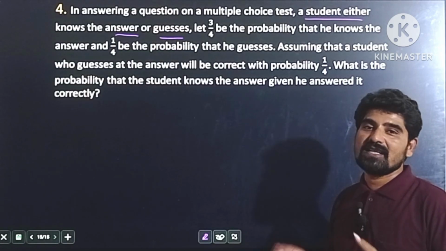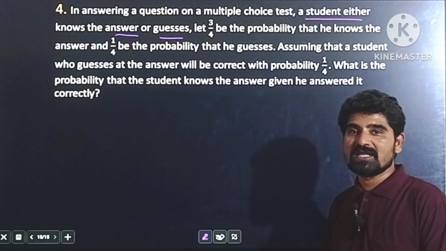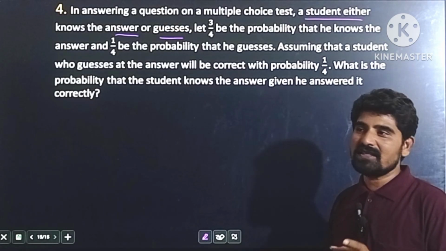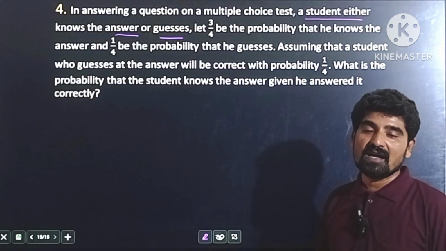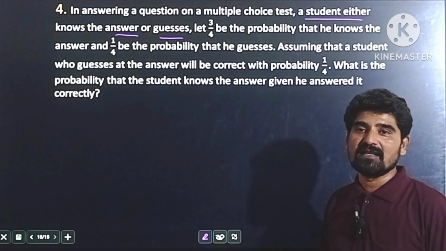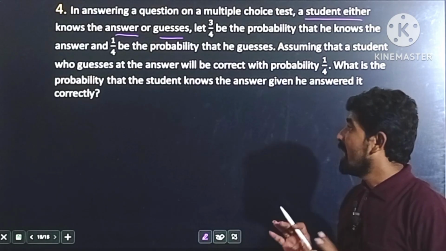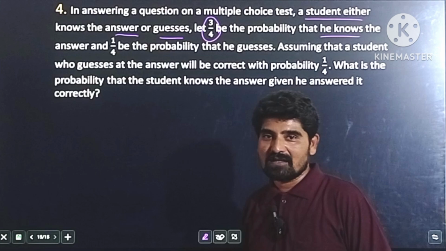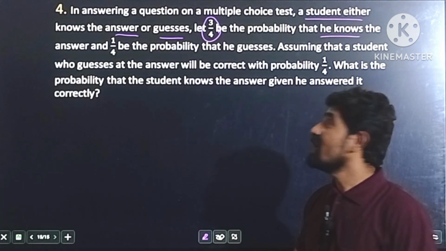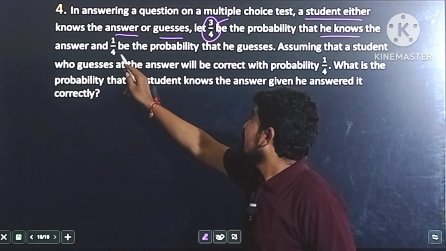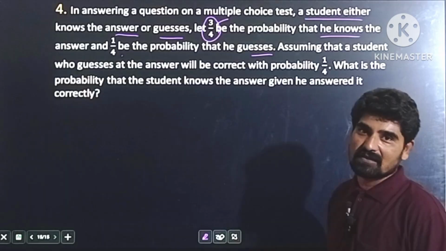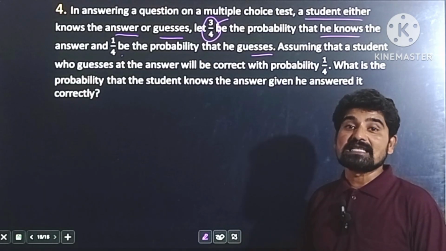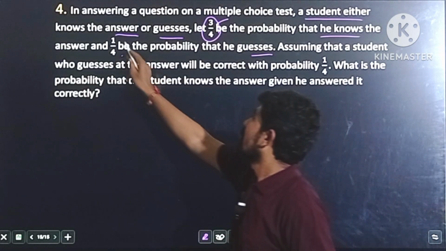The student answers in 2 ways: the first way is by knowing the answer, or the second way is by guessing. Let 3 by 4 be the probability that he knows the answer, so probability of the student knowing the answer is 3 by 4, and 1 by 4 be the probability that he guesses. So probability of guessing the answer is 1 by 4.